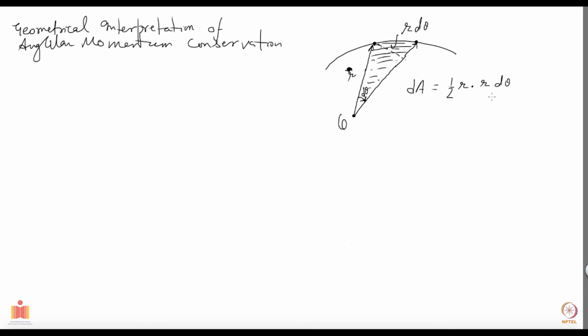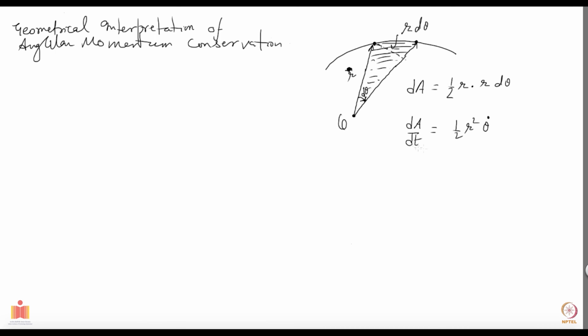If I calculate dA over dt, all I have to do is divide both sides by dt, and I get half r square theta dot.